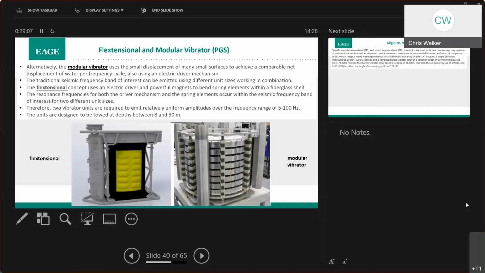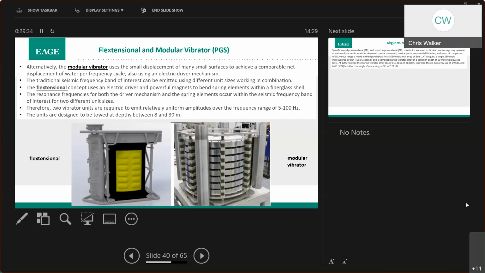And so you can use different size units of these, different numbers of these units to actually have both a high frequency source and a low frequency source, corresponding to a woofer and a tweeter in an audio type environment. And the flextensional concept uses an electric driver and powerful magnets to bend the spring elements within the fiberglass shell that houses the vibrator.